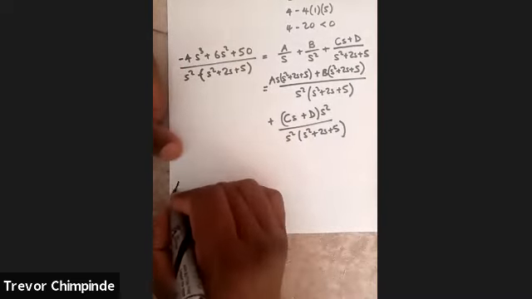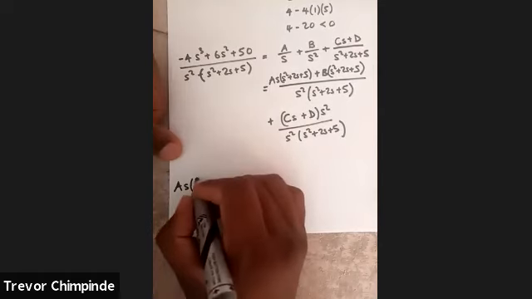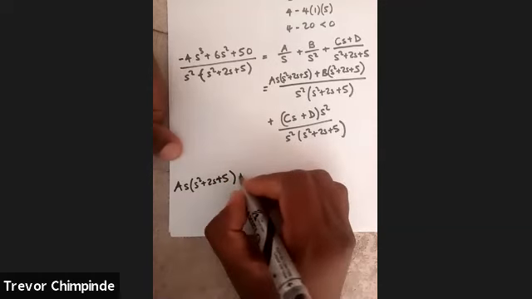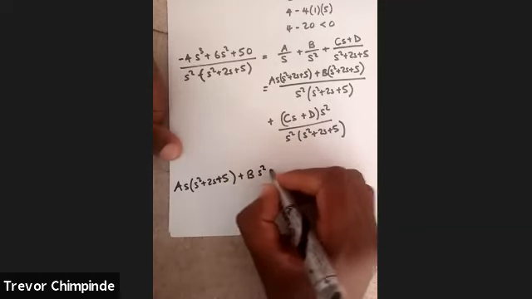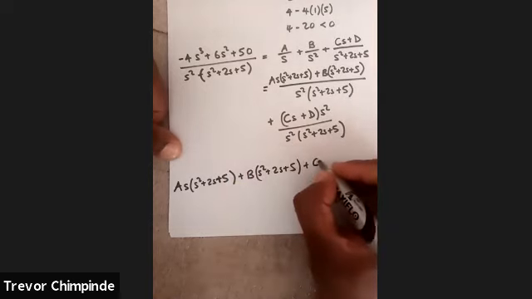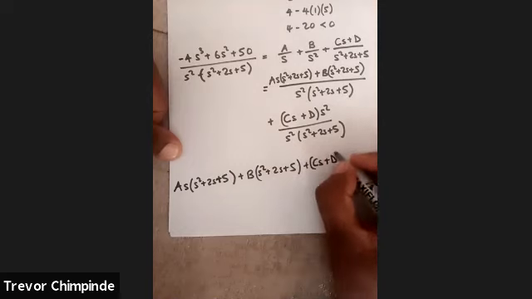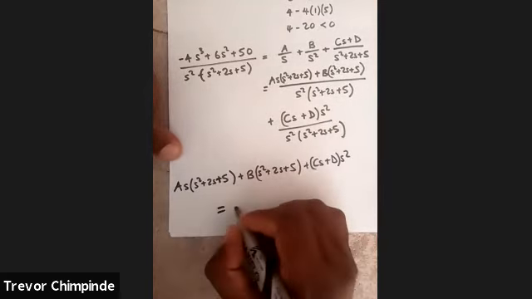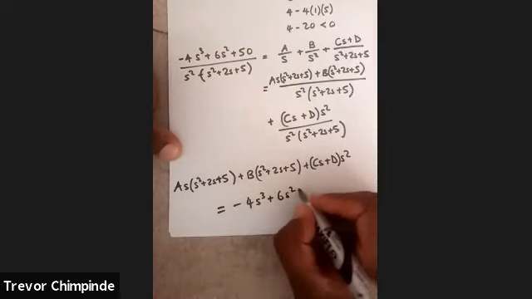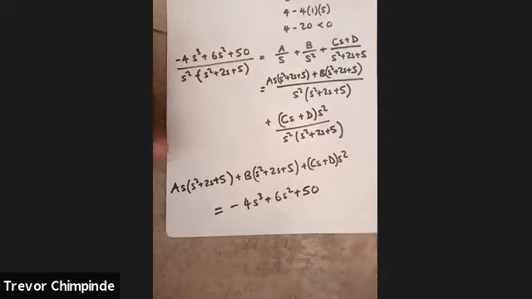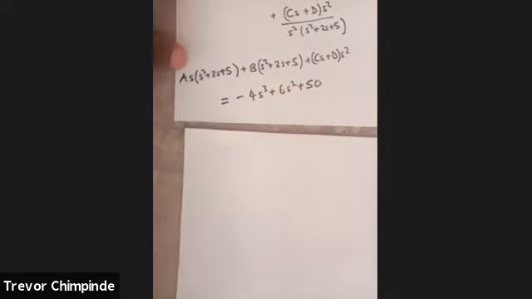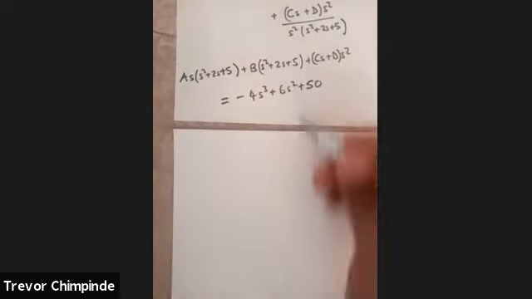So we have that A times s squared plus 2s plus 5, then plus B times s squared plus 2s plus 5, plus Cs plus D times s squared is equal to minus 4s cubed plus 6s squared plus 50. Okay, so our task is to find what our A, B, C, and D are.